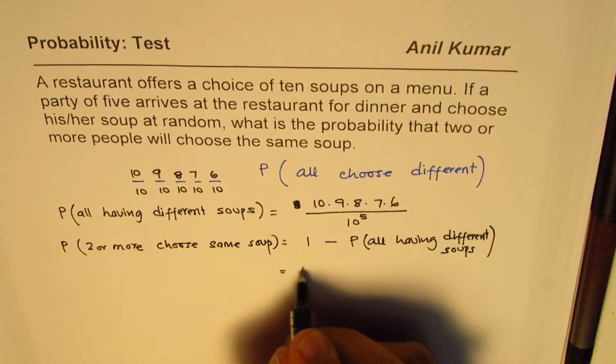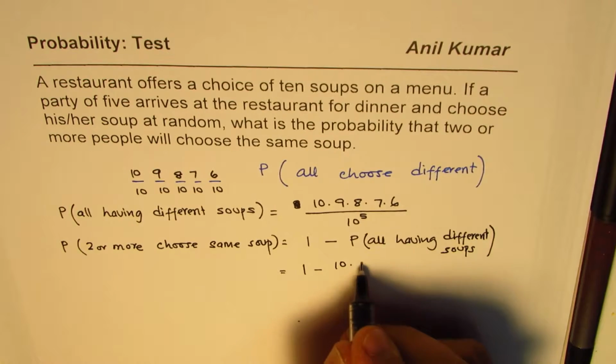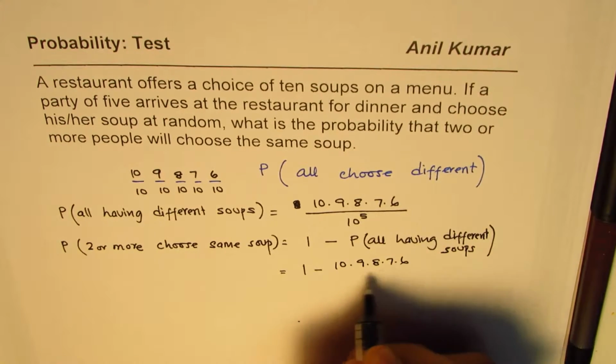So let's figure it out. It is 1 minus 10 times 9 times 8 times 7 times 6 divided by 10 to the power of 5. Okay?